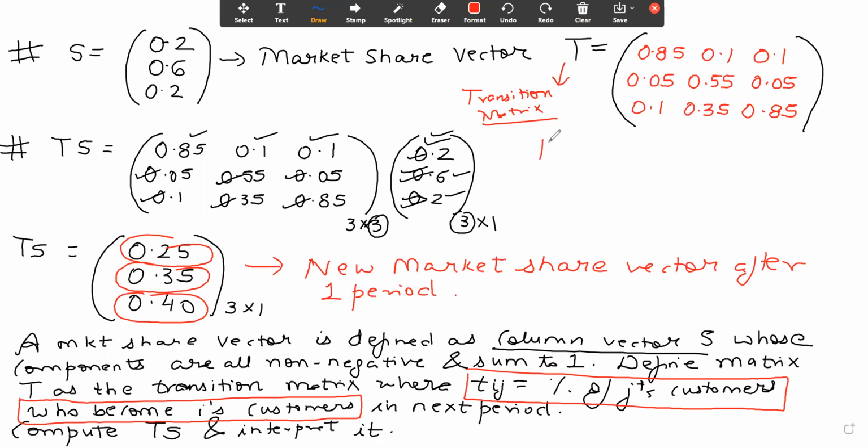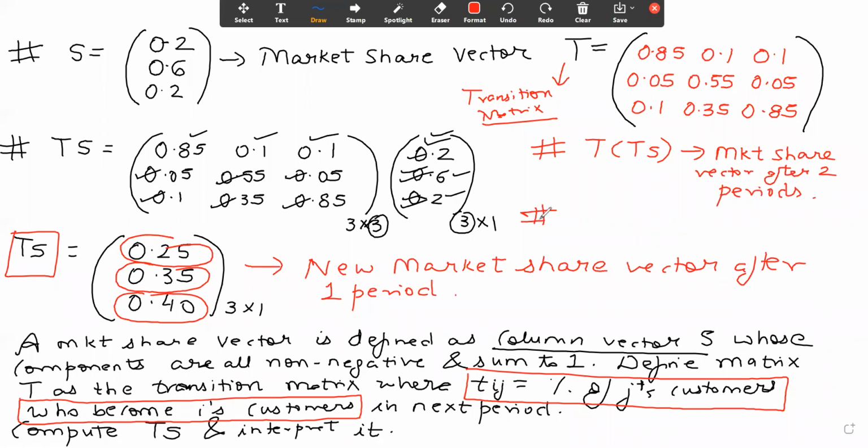Now guys, if I multiply TS further with T, so what is T into TS? This will give me the market share vector after two periods.